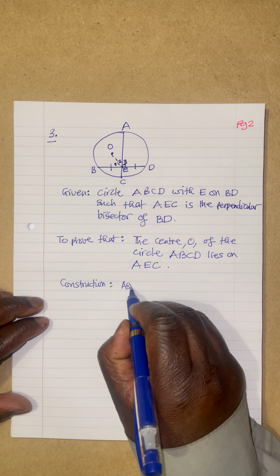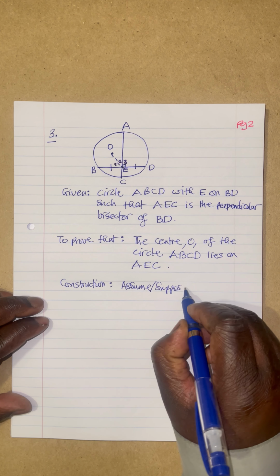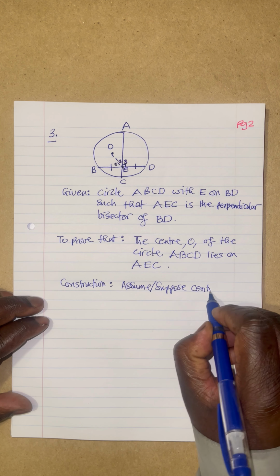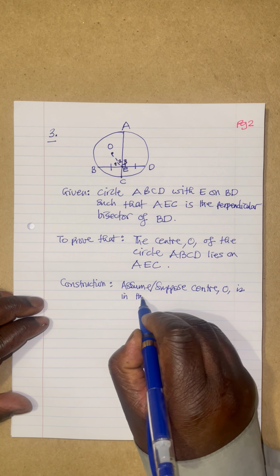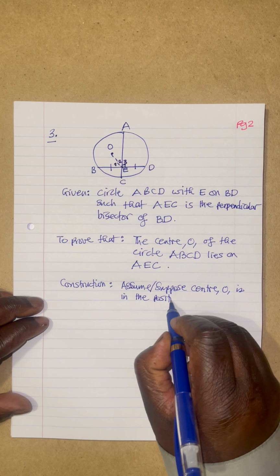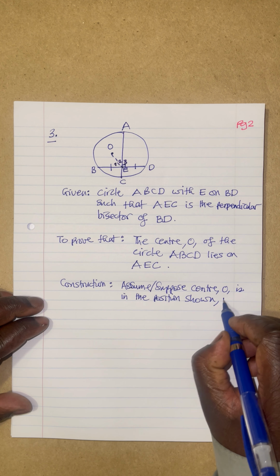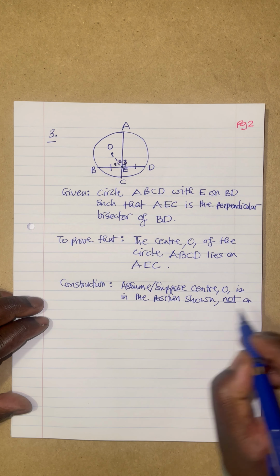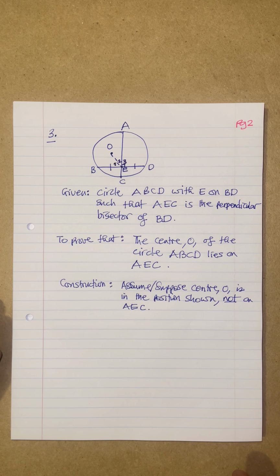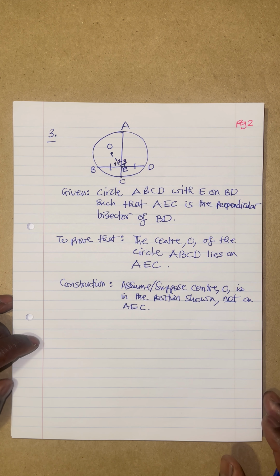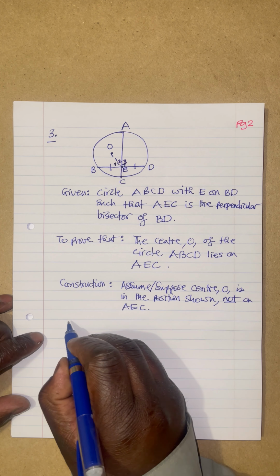Assume or suppose center O is in the position shown, not on A, E, C. We assume the center O is in the position shown, and that O is not on A, E, C. Now, let's go straight to proof now. Proof.